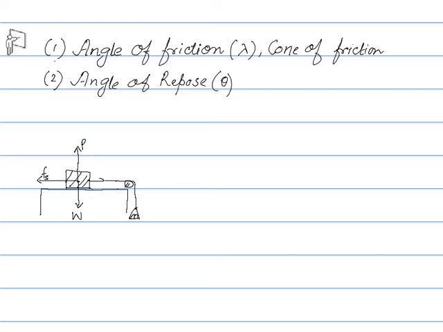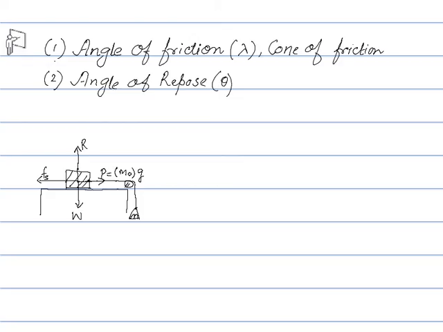This is the normal reaction. Now in the position of equilibrium, suppose the force applied on this is P, that is equal to m0 g, where m0 is the mass put on the hanger. Now in the position of equilibrium, P is equal to Fs, and W, the weight of the block, is equal to the normal reaction.